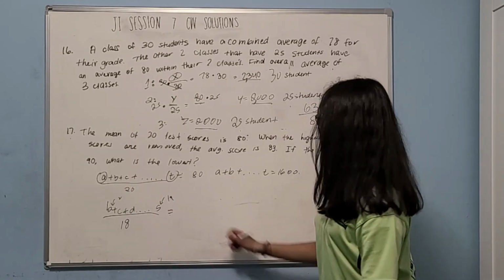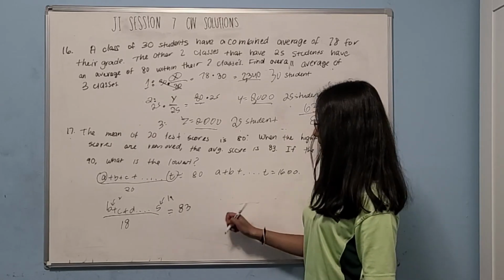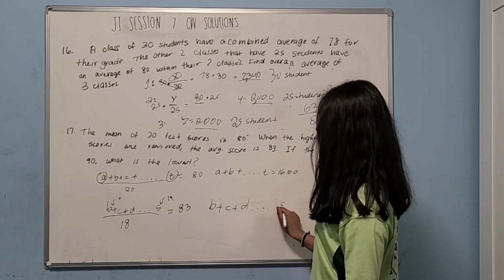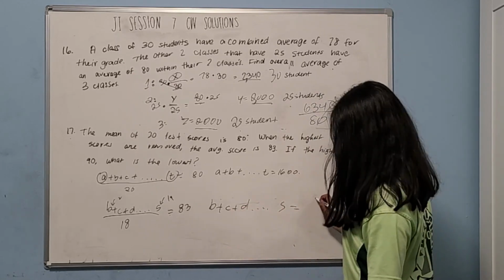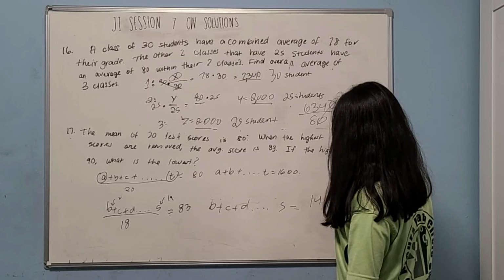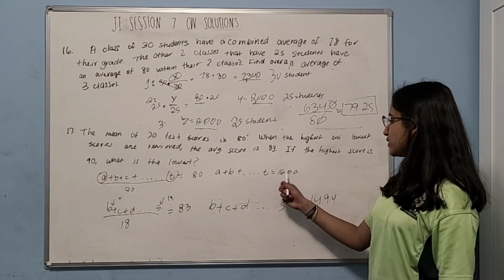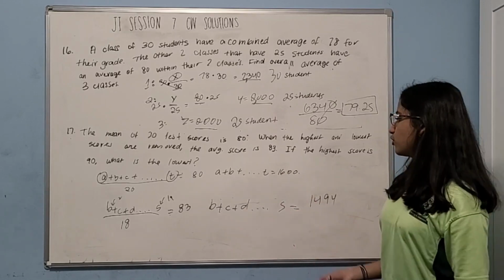That is equal to 83. So we know that B plus C plus D all the way up to S is equal to 1,494. So we have 1,600 and we have 1,494.